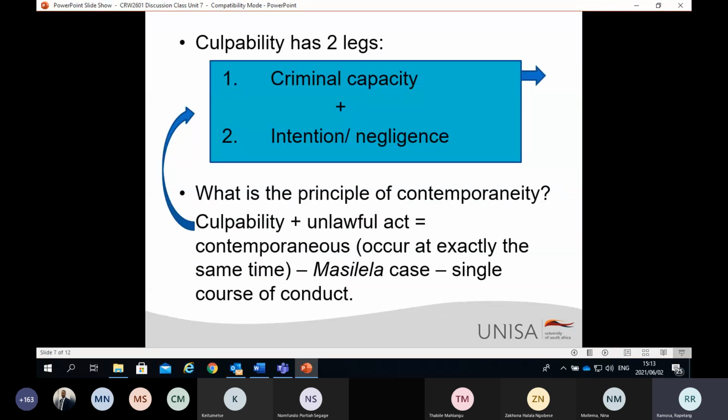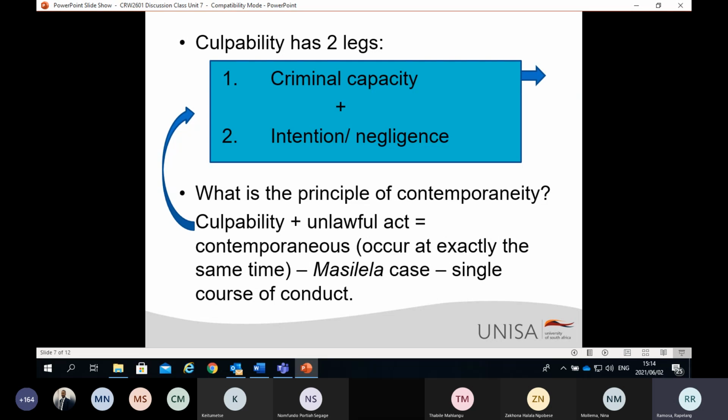This is where we look at two legs of culpability, being criminal capacity and either intention or negligence. Criminal capacity is the foundation upon which we base any assessment of blameworthiness, and it speaks to X's mental abilities. There are two abilities that X must have before we can even look at whether X acted with intention or with negligence.